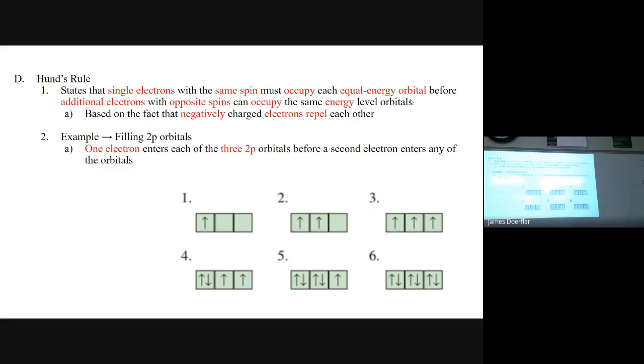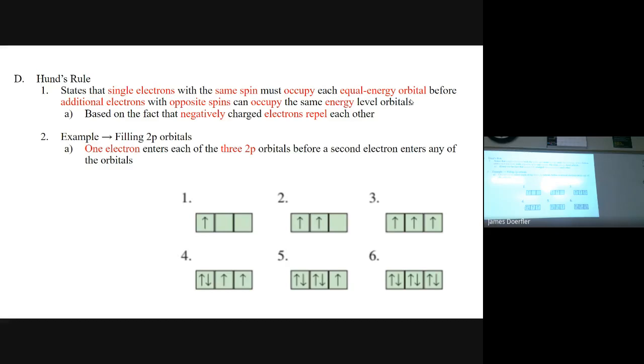Can anybody identify what's happening? Do you notice a trend happening in the first 3? Maddie, what is it? All right. So as you see here, we have 3 boxes that we said is for the p orbitals. We start placing the electrons or the arrows in here. You notice that the first 3 electrons we place are the same spin or same direction.